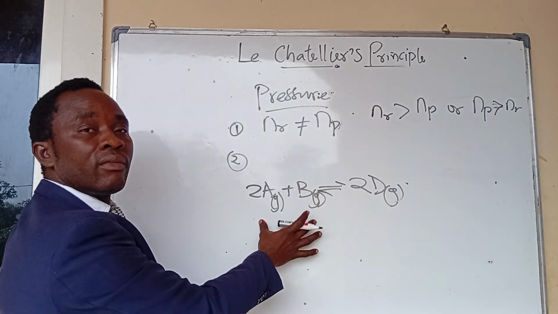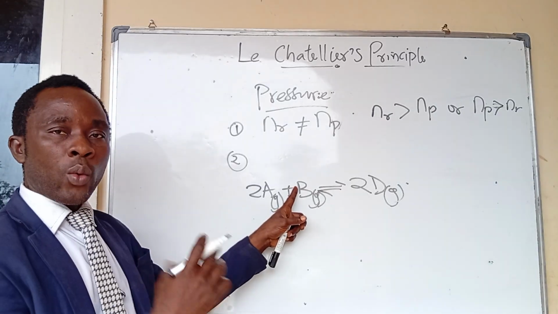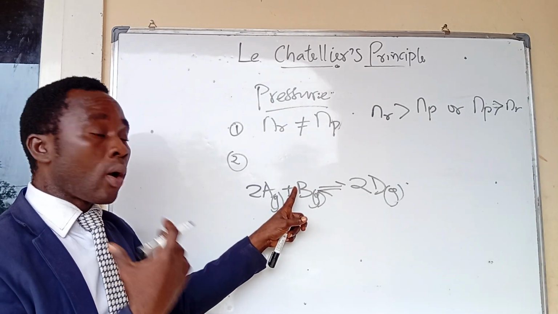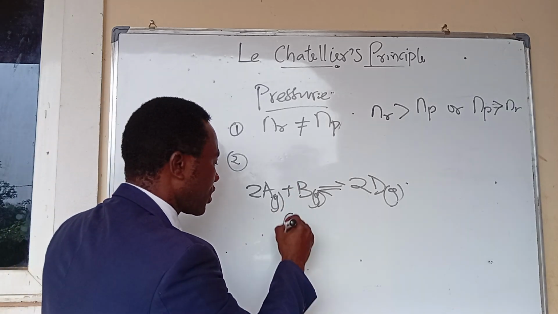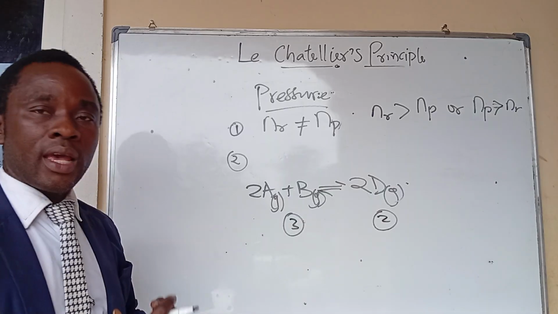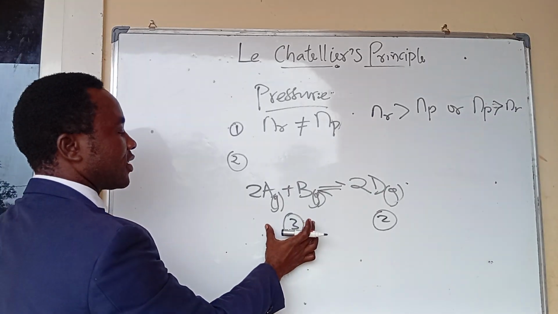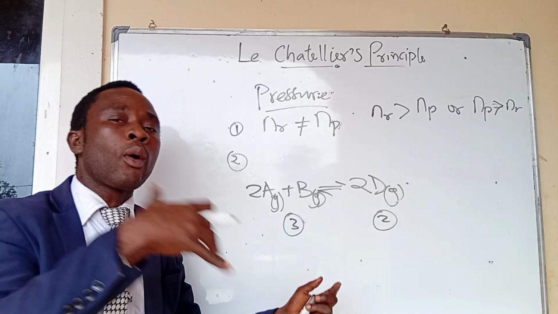What is the number of moles of the reactant? Here we have 2, and here we have 1, so we are talking about stoichiometric number of moles. So we have 2 plus 1, that will give us 3. Then the number of moles of the product is 2. Which one is greater? You can see that the reactant is greater. However, increase in pressure favors lower number of moles.